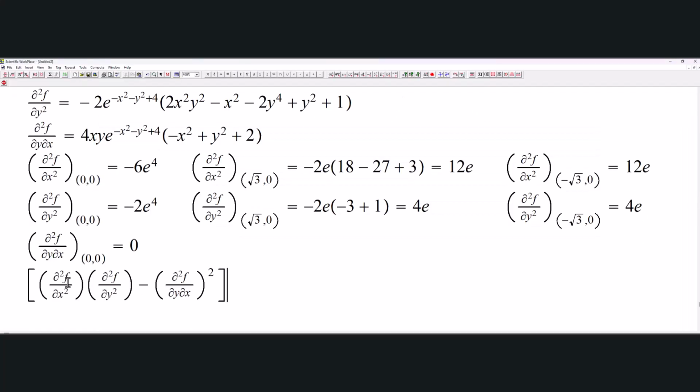So in our question, we have this. Let's calculate it at our first critical point, that's 0, 0. So we shall have this negative 6e to the 4. That's the value of this quantity at 0, 0. And then the value of this factor at 0, 0 is how much?